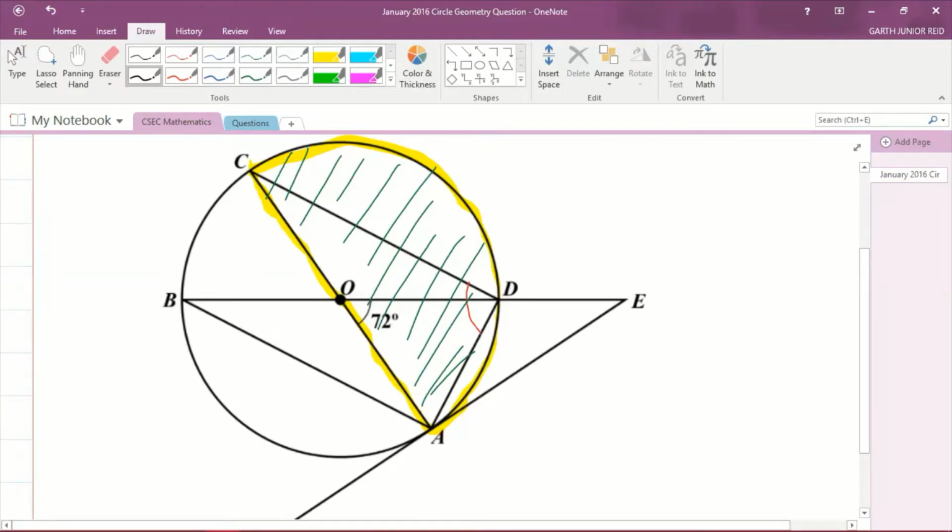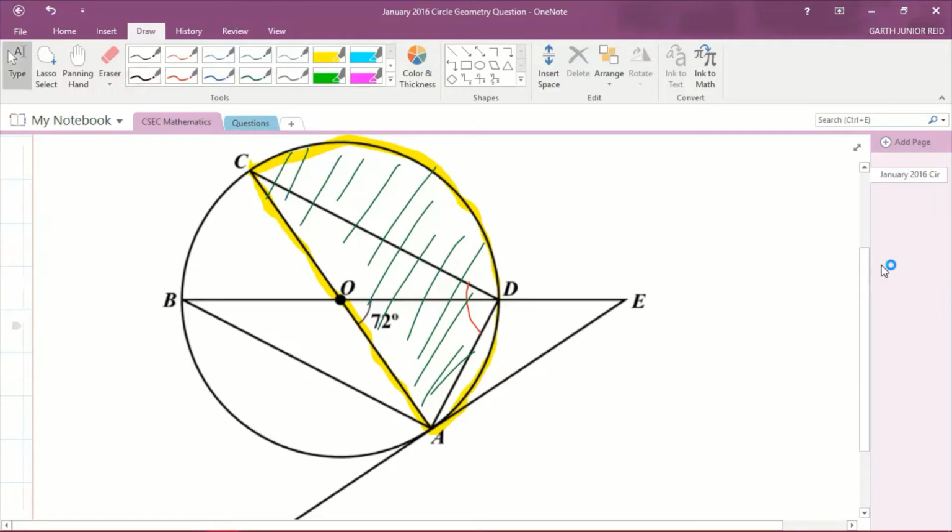That is the angle we're talking about. This angle at the circumference of the semicircle, which is connected by the diameter of that semicircle that I have highlighted for you, is a right angle.